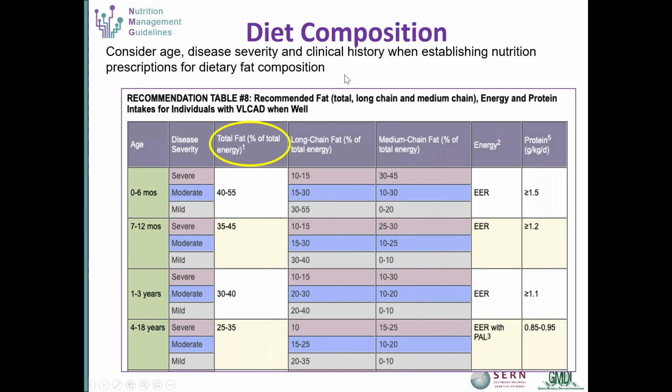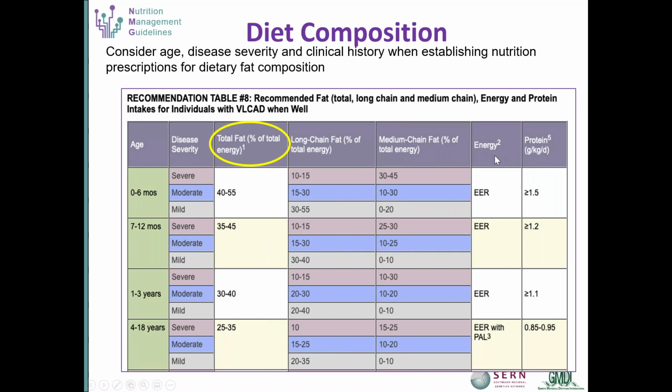This is one of the tables in the guideline laying out diet composition. Again, we're giving different age groups. Total fat is not restricted, so that would include both long chain and medium chain fat. These recommendations as percent of total energy are consistent with the DRIs here in the US.